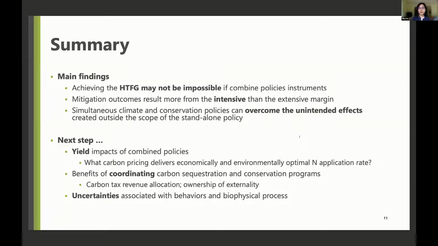And then finally, we want to address the uncertainties in the framework by looking at the sensitivity of parameters to behavior change, and also some biophysical processes like the transportation of the nutrient along the river. Yeah, I'll stop here and open up for questions.